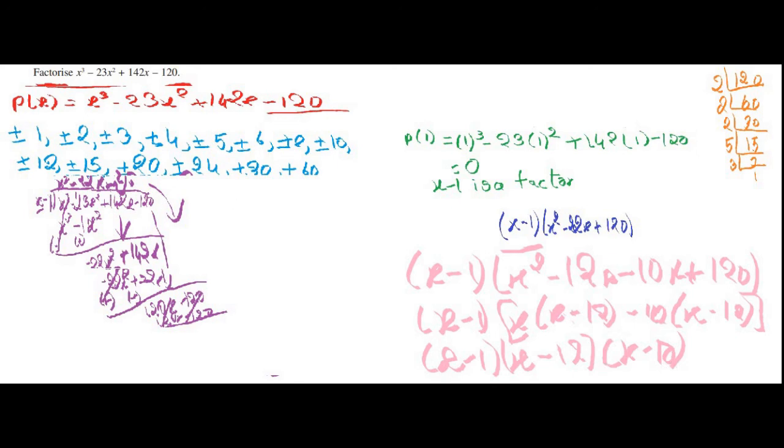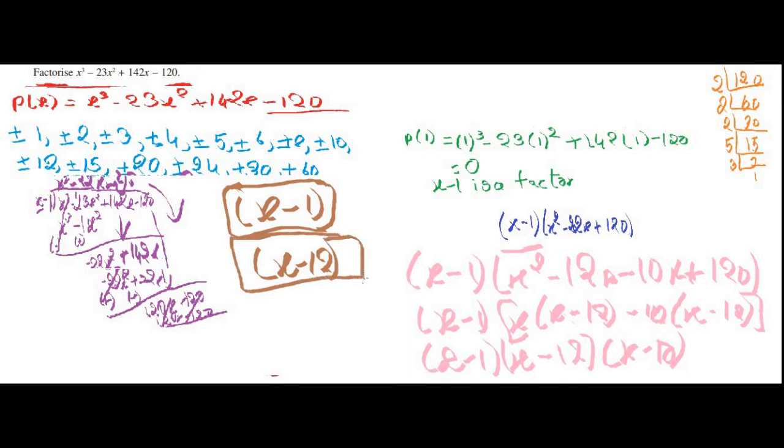The final answer: the factors are x minus 1 is one of them, and then x minus 12 and x minus 10. We factorize it by keeping a multiplication symbol between them. So this is the process that we should follow for these types of sums.